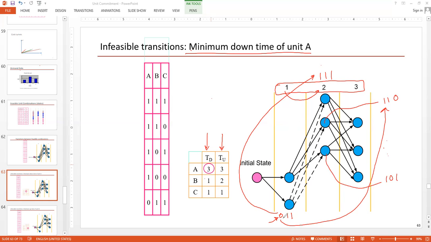Again, unit A was off at hour 1, and I cannot turn it on immediately in the next hour. I have to wait for 3 hours before I can turn on unit A again. This is the constraint imposed by the minimum downtime for unit A. So these 3 transitions are not feasible due to the minimum downtime of unit A.